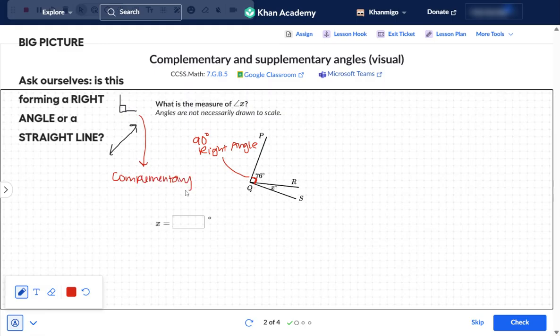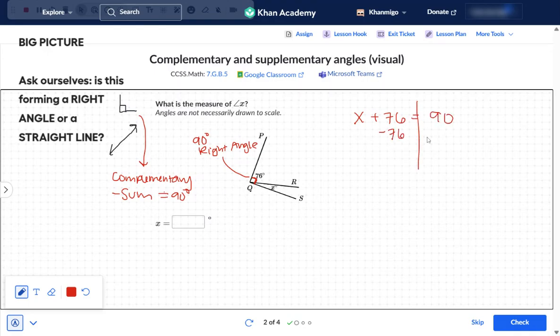What do we know about complementary angles? They add up to equal 90 degrees, because it's a right angle. That's the total for this angle. So we write an equation, adding these two together to equal 90: x plus 76 equals 90.